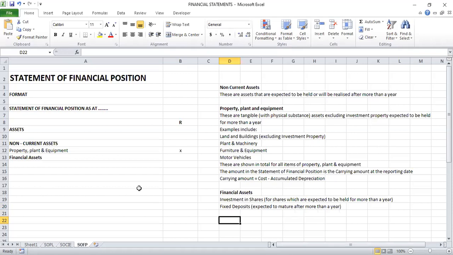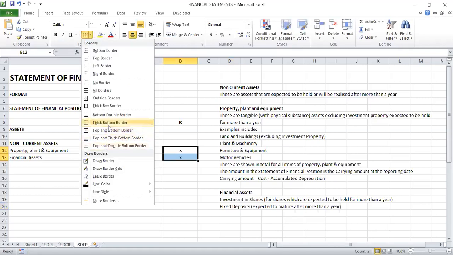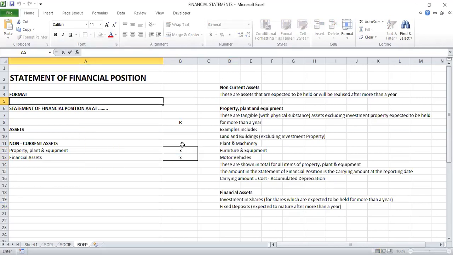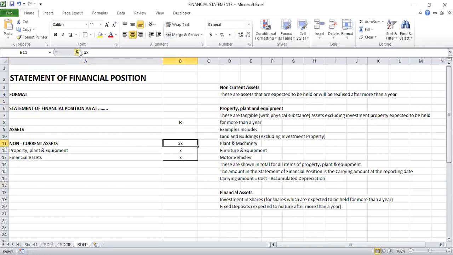If you've got a fixed deposit and you expect to withdraw it after 12 months, that becomes a non-current asset. It's a financial asset. All right. So these are our examples of non-current assets. Any questions?